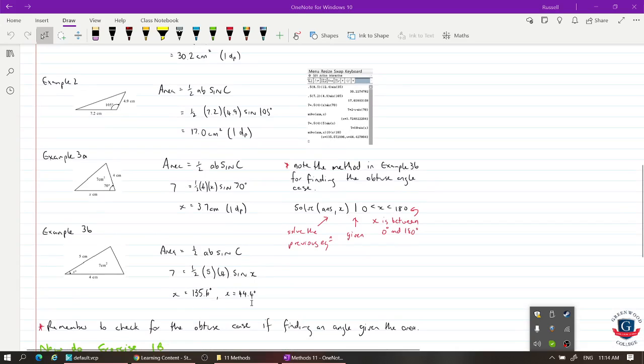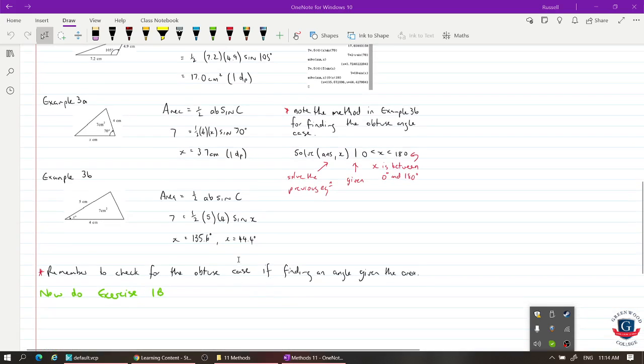In this case we find there are two values. x can be 44 degrees, the acute angle, or it could be 135.6. Now if you're finding the angle given the area, make sure that you check for both cases and don't just put in 90, because that would only show you the acute angle.